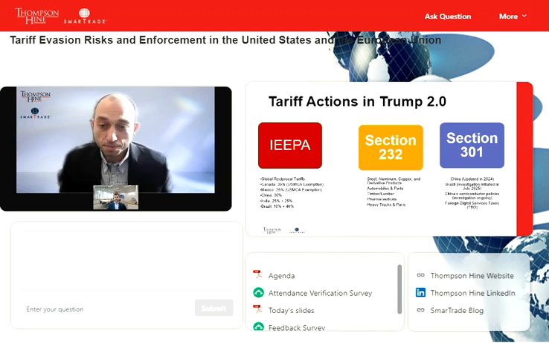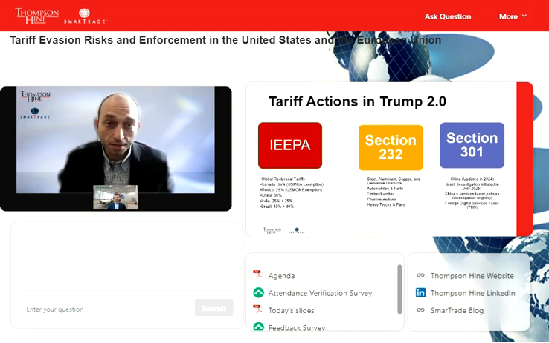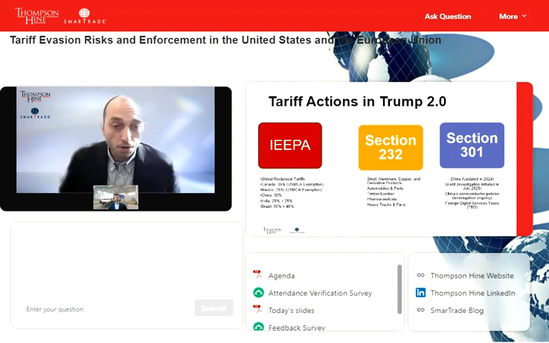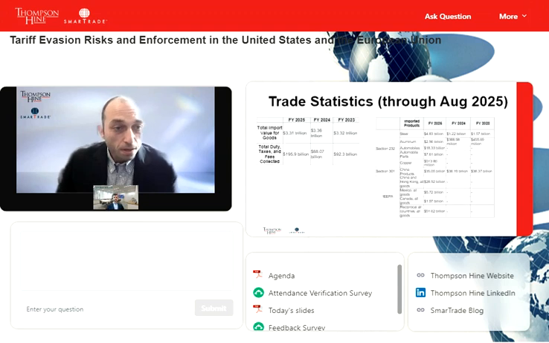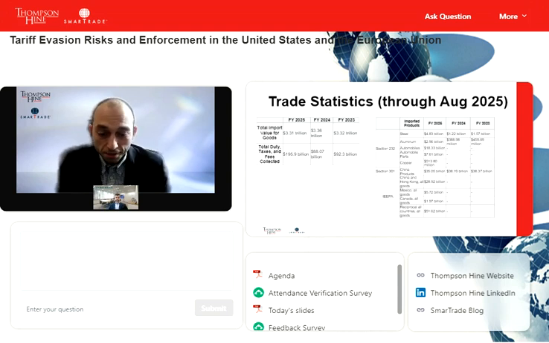This actually happened during the Biden administration, but the Section 301 tariffs that applied to virtually all products from China were expanded in late 2024. So overall, the Trump administration has significantly increased the amount of tariffs that apply to almost all products and all countries. And on this slide, you see the trade statistics that we pulled from the CBP's website.